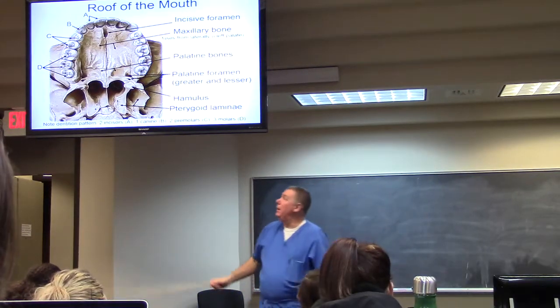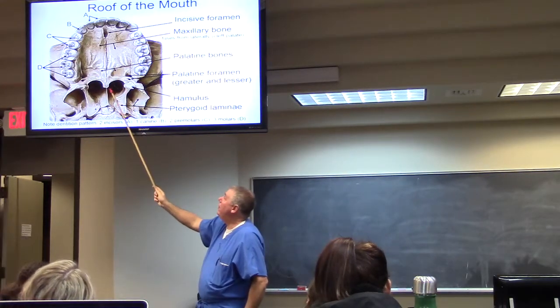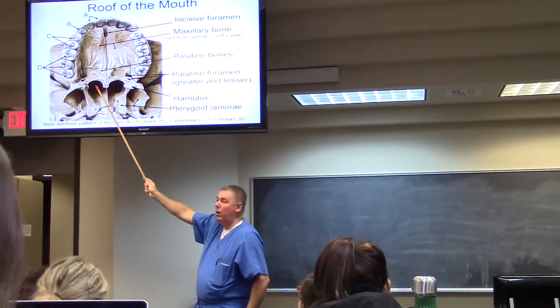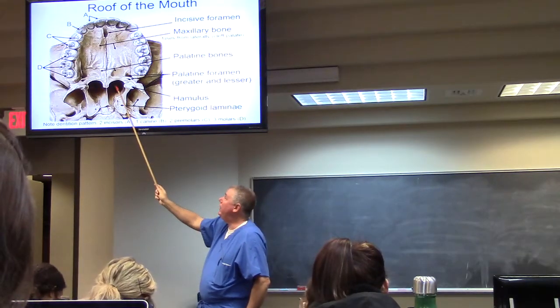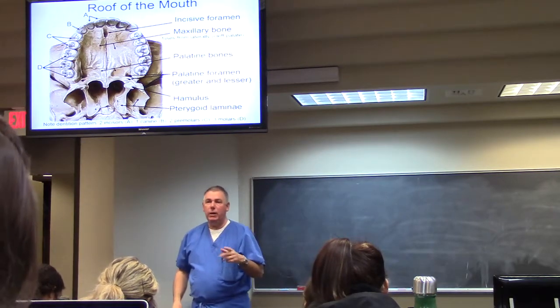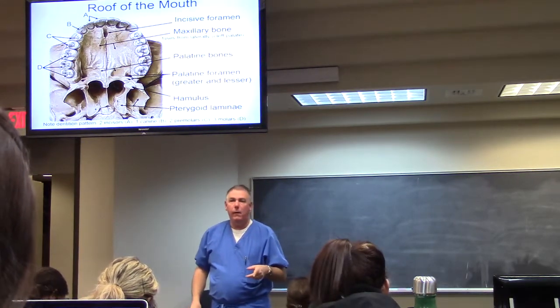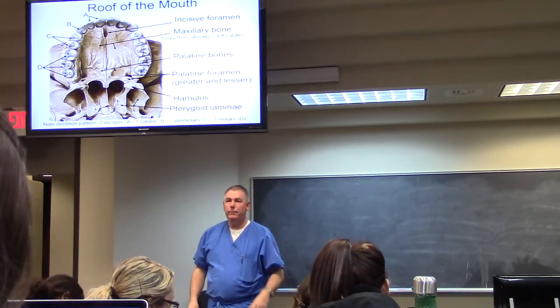Okay, so here are the palatine bones, these 2 little bones right here on the end, and then these openings back here are into your nasal cavity, right? The opening into your nasal cavity from the back is called the choana, C-H-O-A-N-A-E, if you're talking about both of them, choanae.